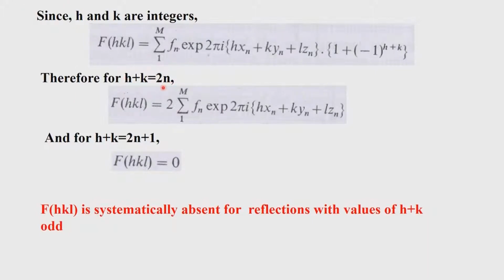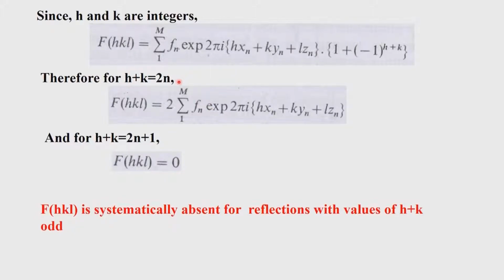When it is that value, then minus 1 to the power of h plus k will just give an additional 1 to this quantity, and therefore you will have F of hkl as equal to 2 times this value, that will be 1 plus 1. So it will be 2 times the sum over 1 to m of f n exponential 2 pi i (hx plus ky plus lz). You notice that this is now 2 times, and we are summing it over only half the total number of atoms in the unit cell. So the effort is reduced to 50%, and only for the even values of h plus k.